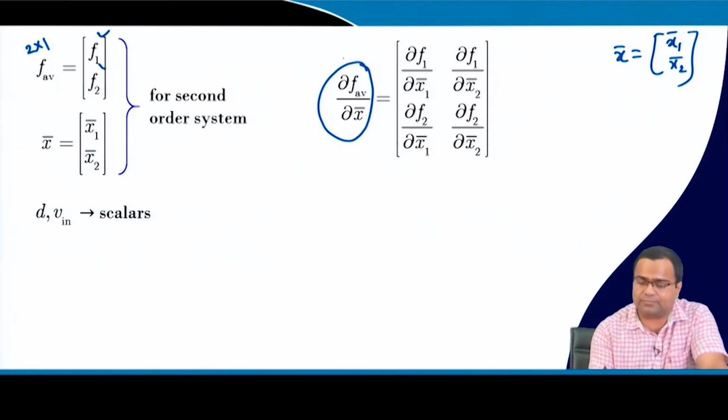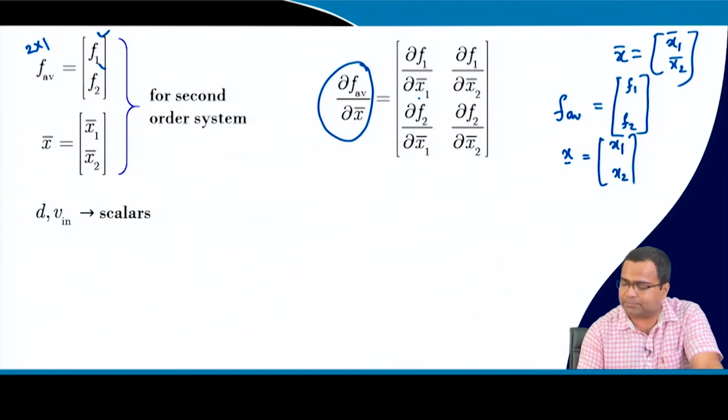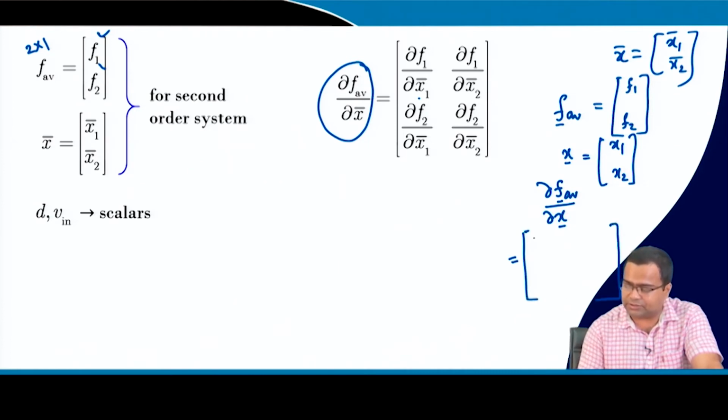This is called the Jacobian. If I take a function f average which is, let us say, f1, f2, initially you consider, and I take another vector which consists of x1, x2, for example, this is a vector also. I want to get the partial derivative of this vector with respect to this vector, and this can be written as the first term ∂f1/∂x1, ∂f1/∂x2.